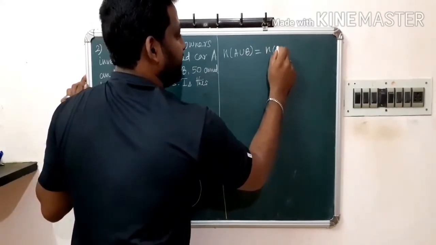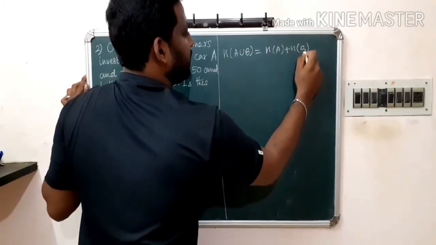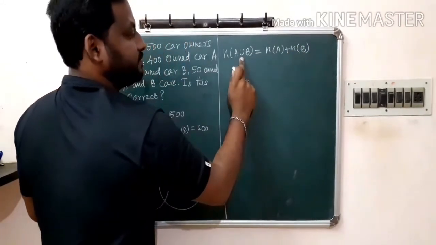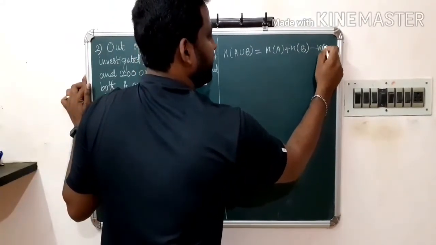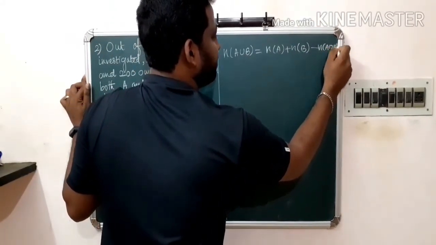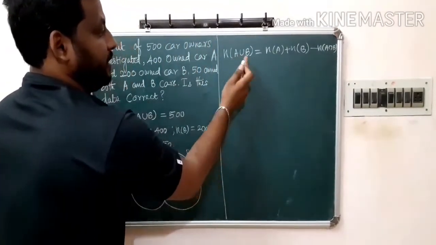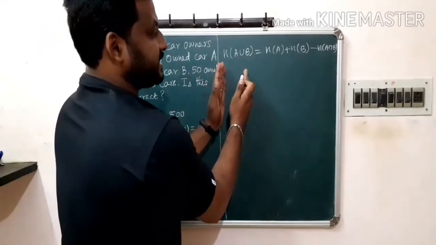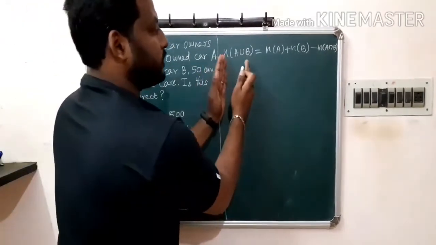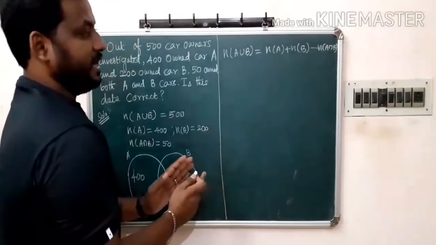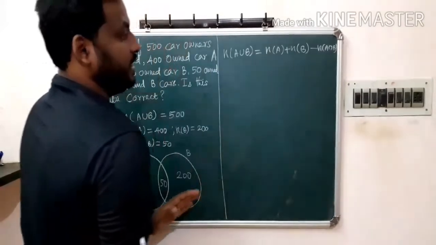That is n of A plus n of B, minus n of A intersection B. Clear? So n of A union B. If the data is correct, both the left hand side and right hand side should be equal. If the data is incorrect, the left hand side and right hand side should not be equal.